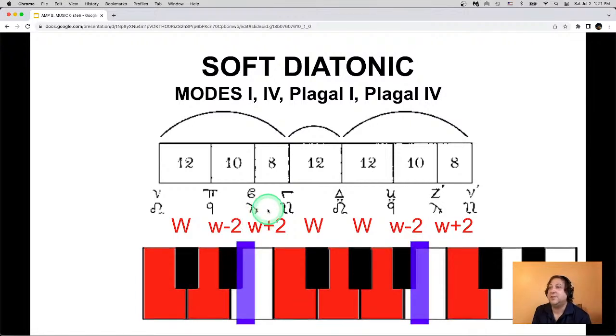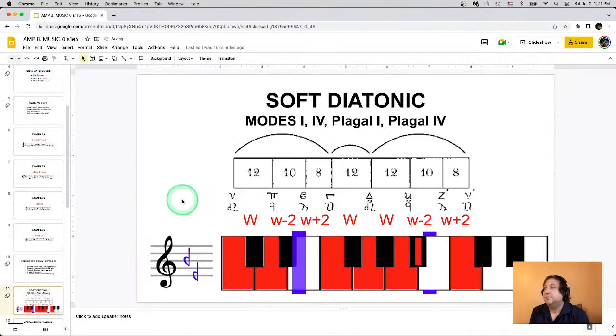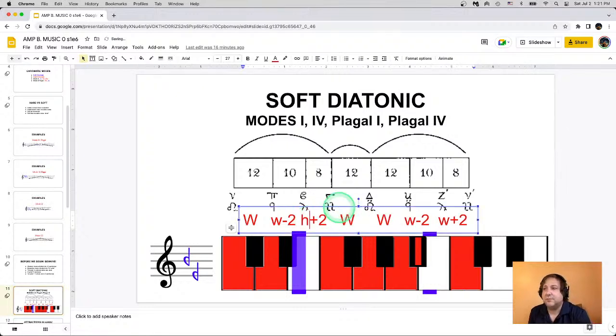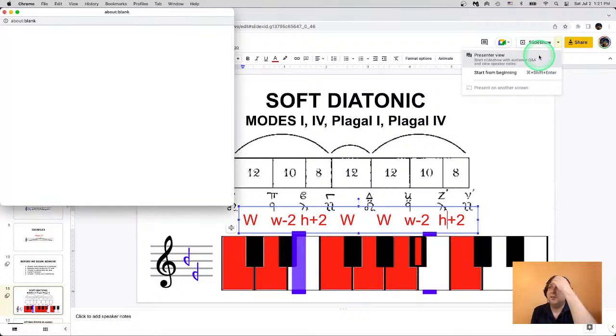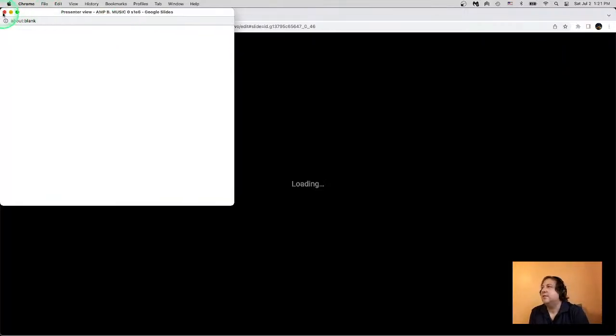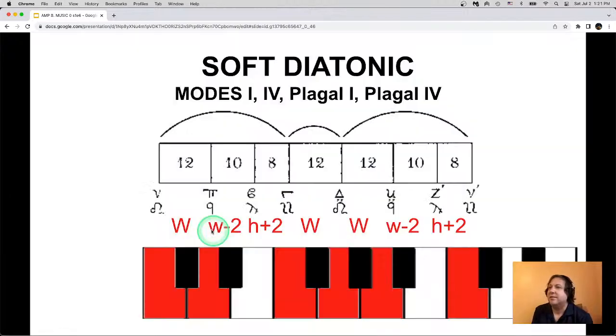Let's fix that real quick. There we go. So this is a half step plus 2 units.